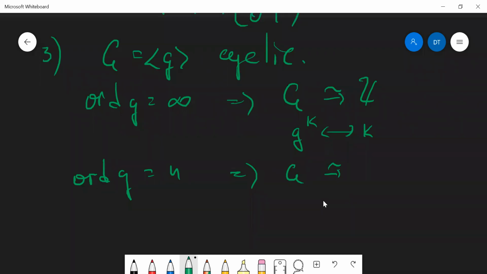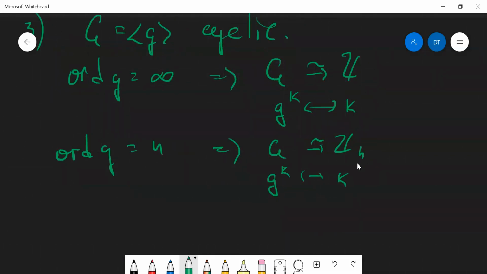So in the second case, if the order of the element is n, then G is isomorphic to Zn, and the isomorphism is given exactly by the same rule. The remainder k goes to the element G to the k. So there are only two possible situations here for a cyclic group.